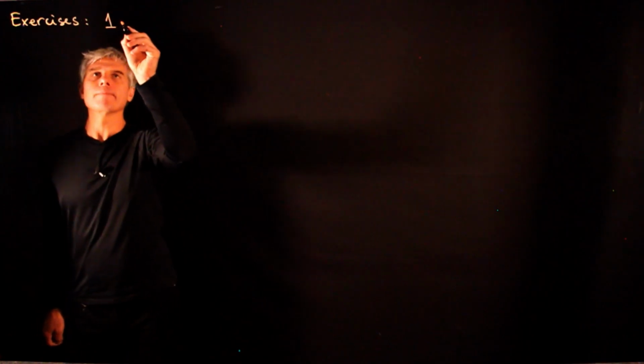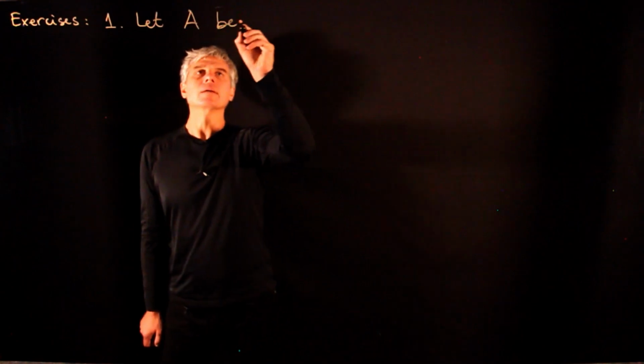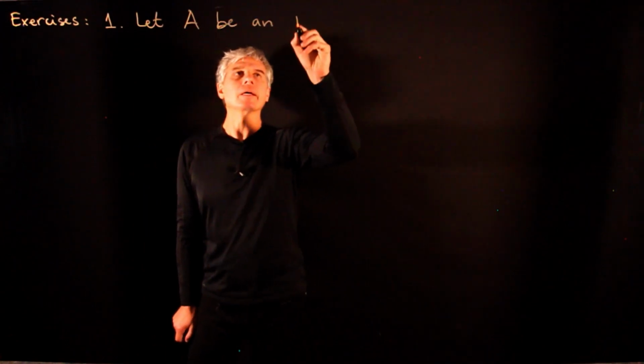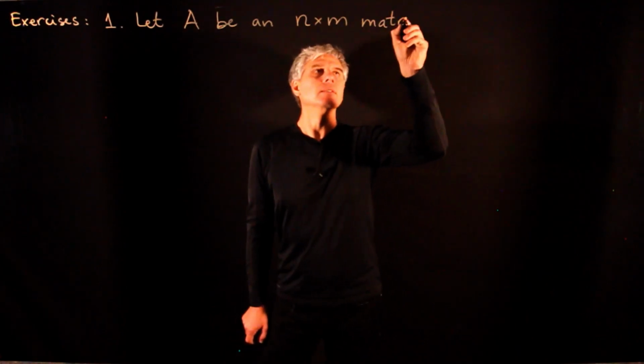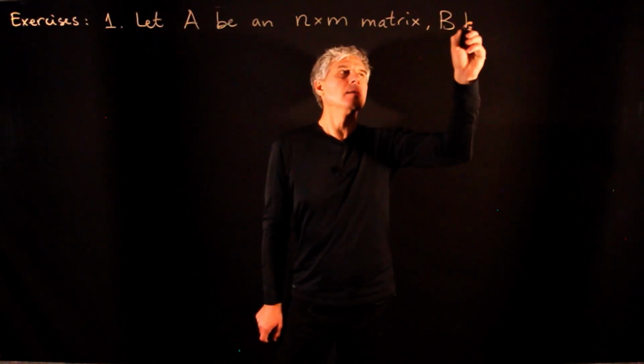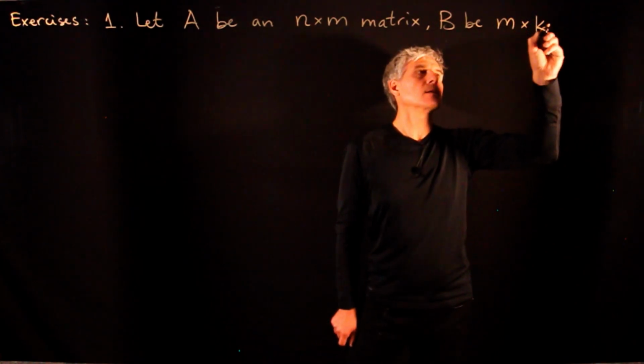I want to finish this lecture with some exercises that I leave for you to solve. 1. Let A be an n by m matrix and B be an m by k matrix.